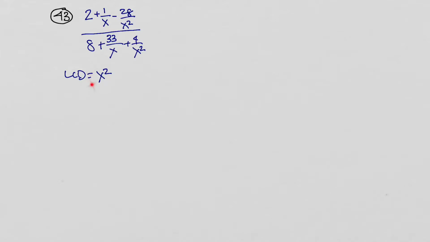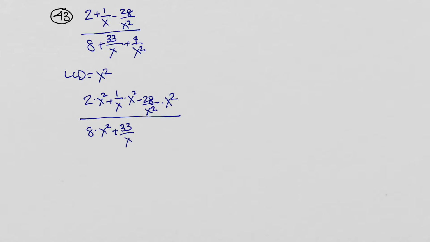So what I'm going to do is write that x squared here, here, and here, here, here, and here, right? You write the LCD next to each original term. It's going to look like this. 2 times x squared plus 1 over x times x squared minus 28 over x squared times x squared over 8 times x squared plus 33 over x times x squared plus 4 over x squared times x squared.